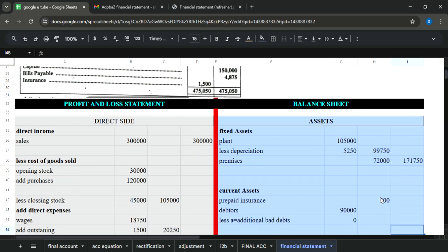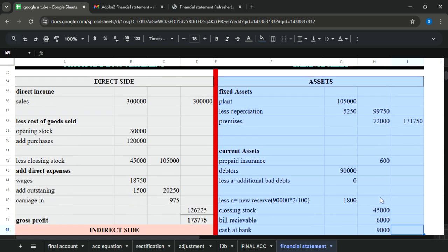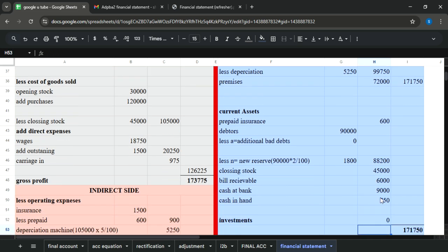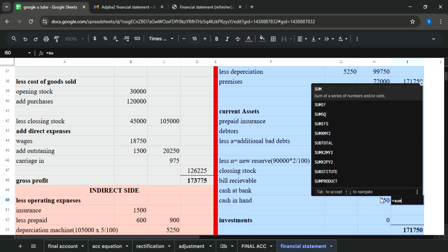Okay, so here we need to calculate amount of debtors. This was debtors minus additional bad debts and minus new reserve. So we have got our amount of debtors. I think there is no other adjustment present. Finally, we can get sum of current asset.